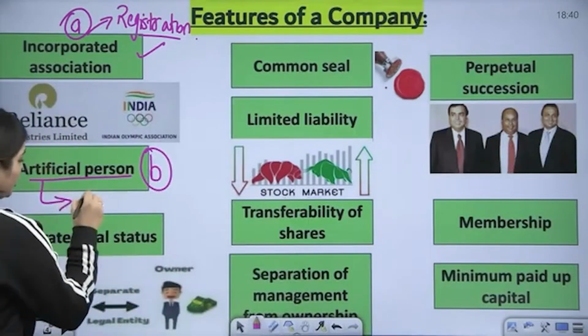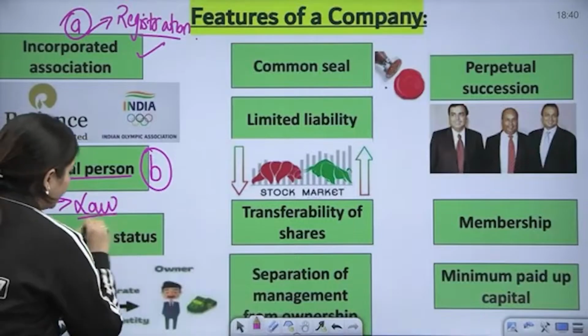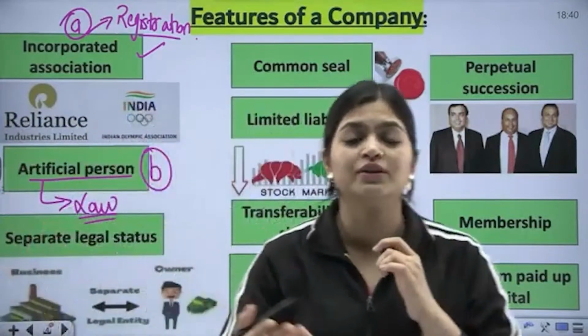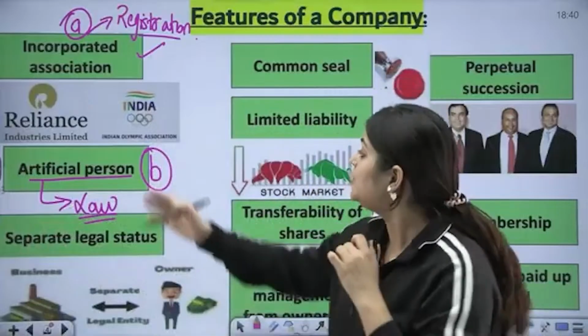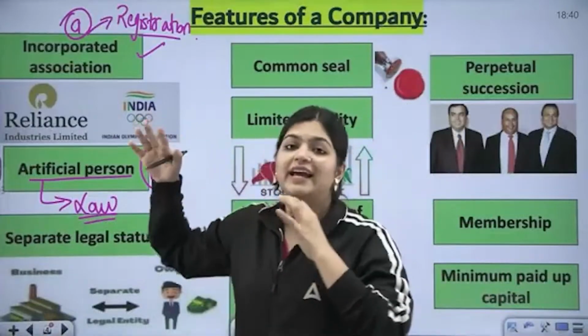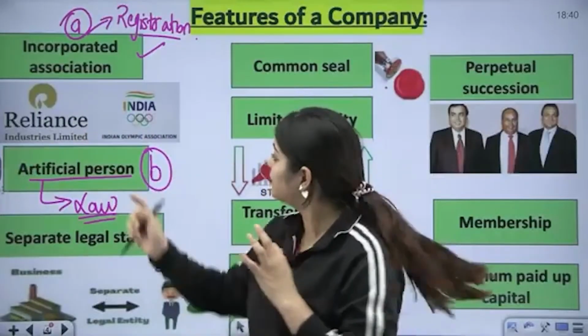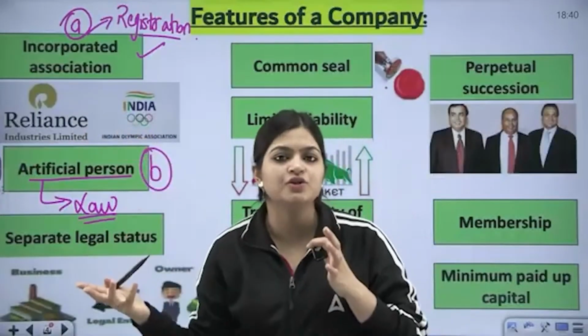So as per law, they have a separate status. That's why they are able to make contracts and go with agreements. You can see how Reliance Industries is associating with the Indian Olympic Association.